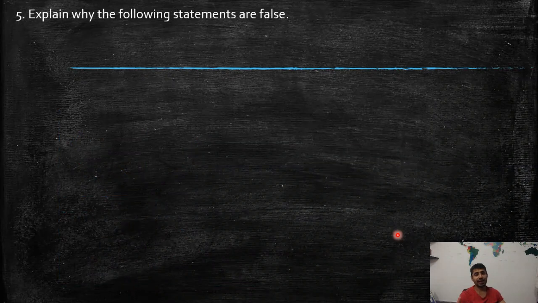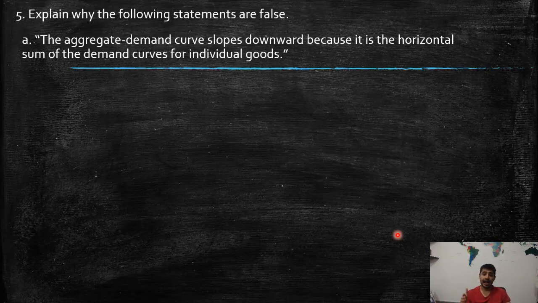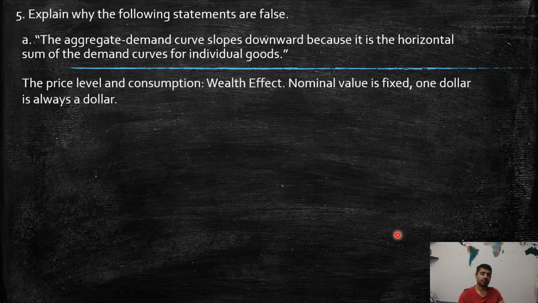5. Explain why the following statements are false. A. The aggregate demand curve slopes downward because it is the horizontal sum of the demand curves for individual goods. Well, actually there are different causes why the aggregate demand curve slopes downward.